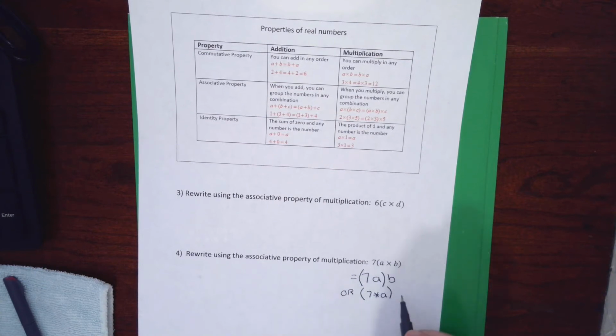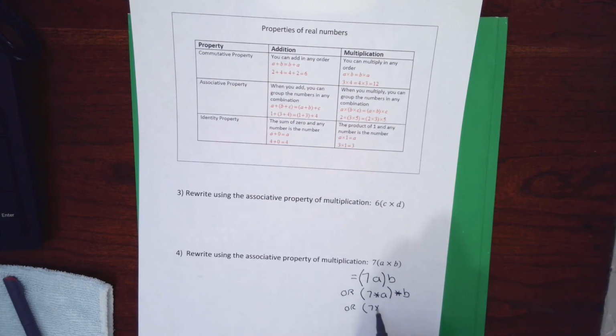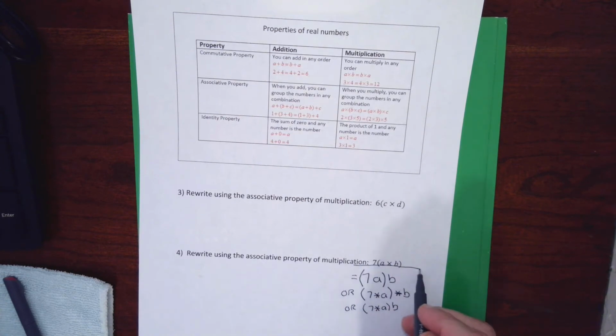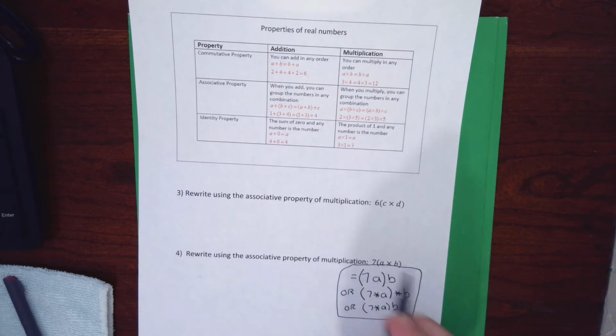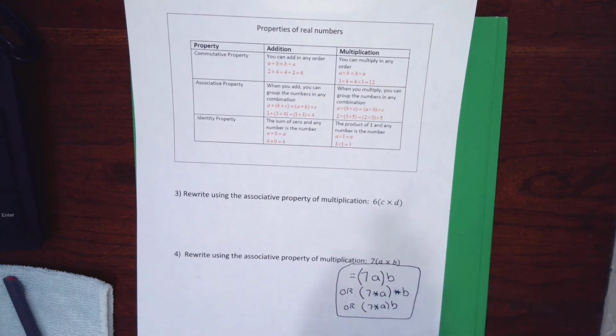I could put a times sign between the 7 and the A. I could put a times sign after the parentheses before the B, or maybe I could just have a times sign between the 7 and the A and not have the times sign after the B. So what's important is I moved the parentheses, I kept the 7 first, the A second, and the B third, and then I wrote something that meant 7 times A and then times B. And anything that you write is going to be right if the multiplication is either written or implied and the order is right and the parentheses are in the right position.